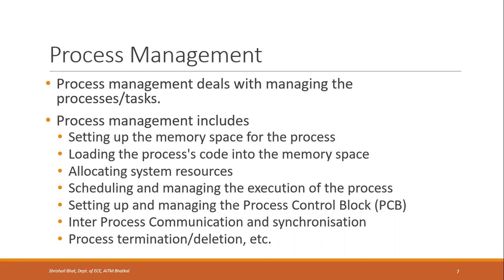That is also managed by process management. Then process termination or deletion. So starting from the creation of the process, then running it, allocating system resources, setting up the PCB, communication between them, until the termination or deletion of the process, all of this is managed by the process management.